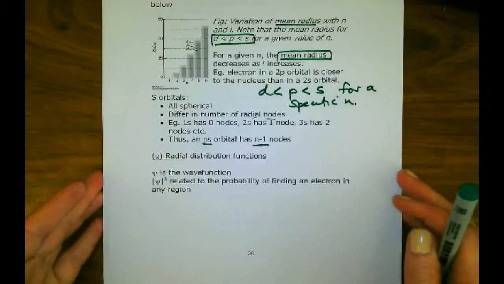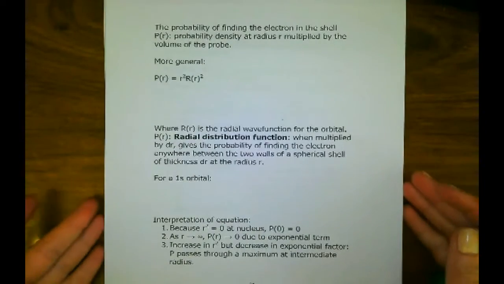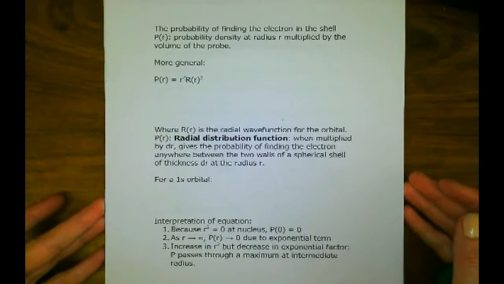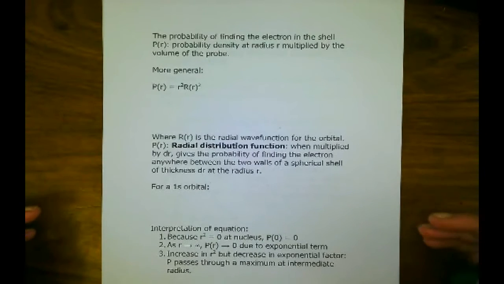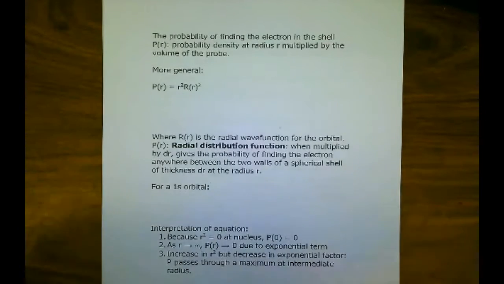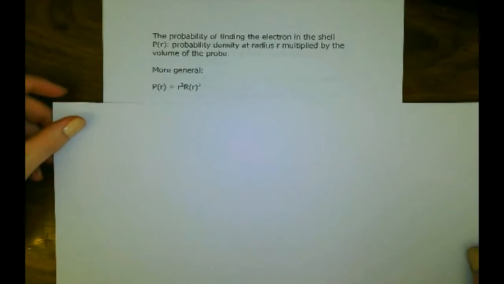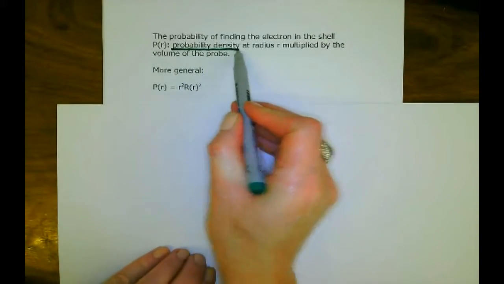But in the case of an atom, the story is a bit more complex, because we have different variables, we have an angular part and a radial part. What we actually have to do if we want to determine probability is to determine something called probability density.